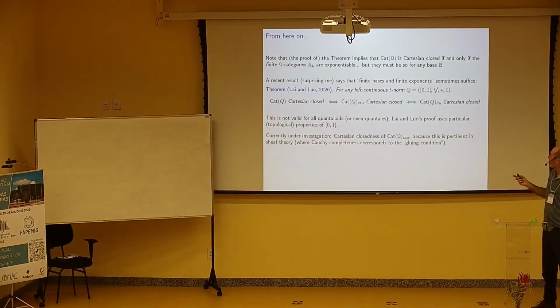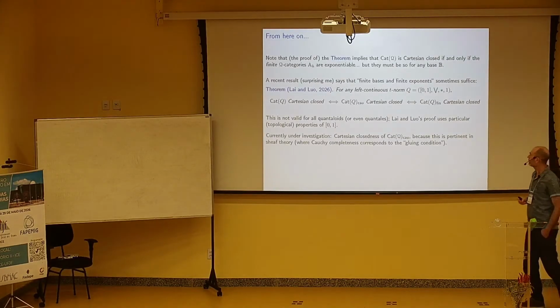Why? Well, because on an earlier slide, I hinted at the fact that Q-categories for a well-chosen base enable you to talk about sheaves by computing a Grothendieck quantale from a Grothendieck site. The gluing condition for sheaves on the site corresponds to what is called Cauchy completion on the enriched side. So the Cauchy complete Q-categories are important.